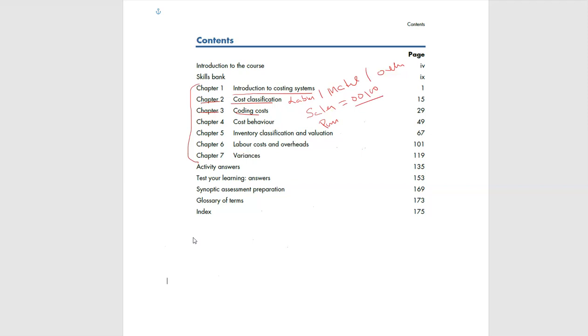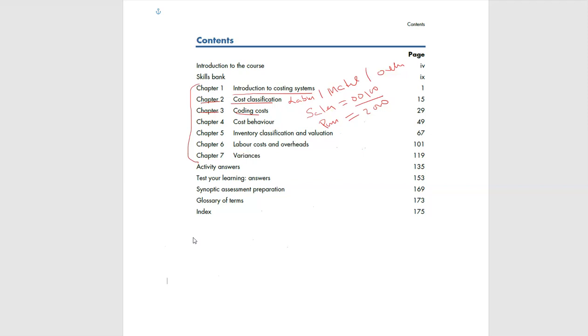This code represents the sales, so income will be represented by the code 00100. For the purchase, this is my expense code, so it's maybe 2000. There are a few ways we can create the codes, could be numbers or could be alphabetical order. So we're going to see all of this from chapter number 3.